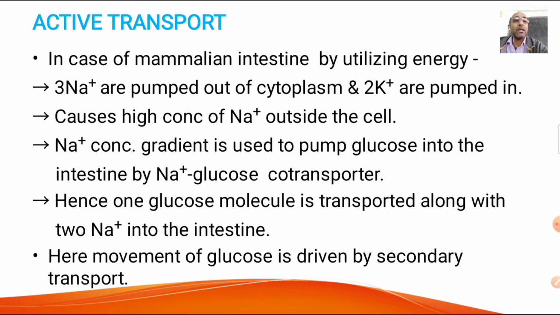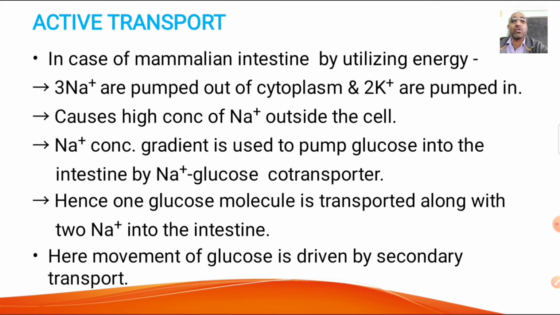As a result of which a higher concentration of sodium occurs outside the cell. Got it? Accumulation of Na plus occurs outside the cell because you are removing 3 Na plus out of cytoplasm and taking in 2 K plus.